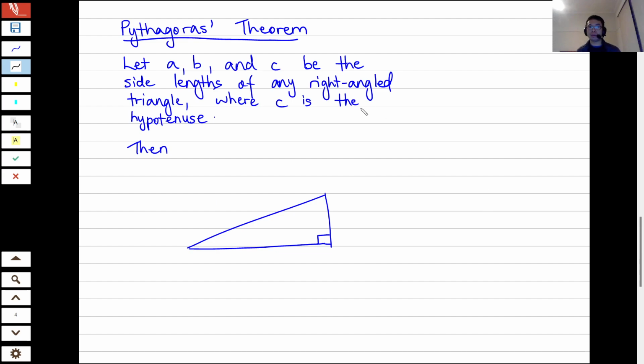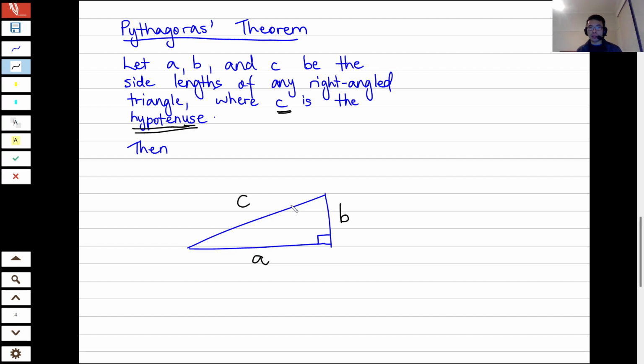Well, it's the following. If I have a right-angled triangle and I label the sides A, B, and C, it's important to note that I've defined C to be the hypotenuse. So notice C is the length of the side which is facing outwards from the right angle.